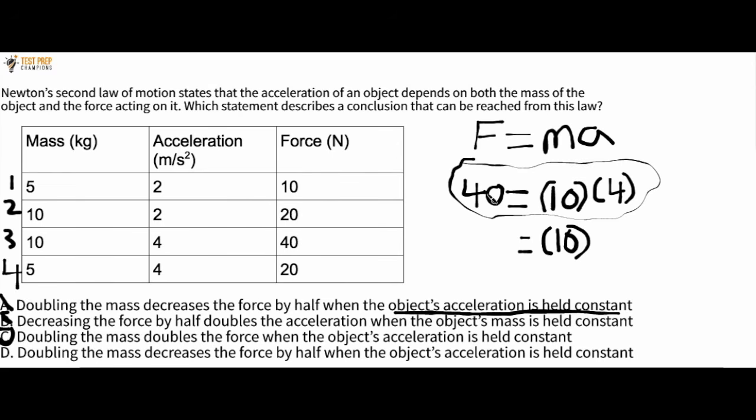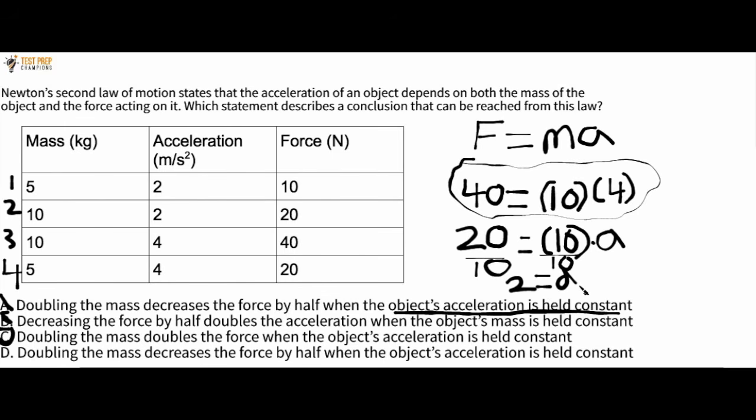So if the force in my base case was 40, then decreasing that by half would be 20. For the acceleration, we don't know what it is yet. That's what we want to figure out. So 20 equals 10 times A. I divide by 10 on both sides to get the A by itself. 20 divided by 10 is 2. So 2 would equal A.